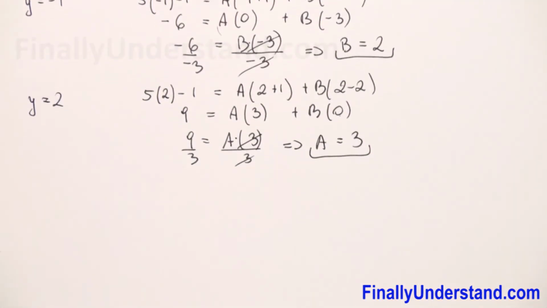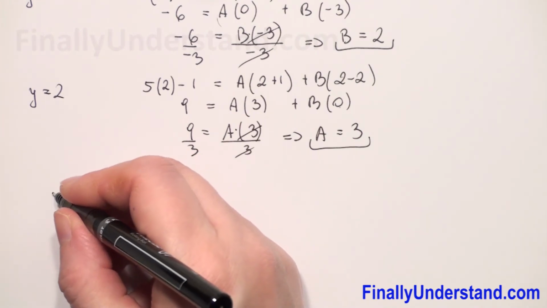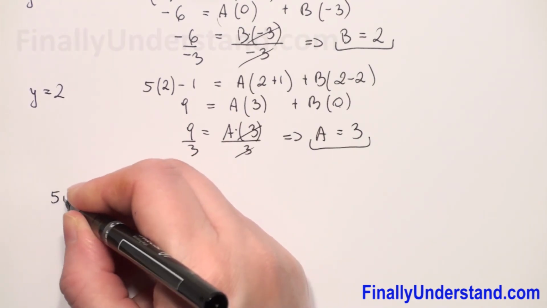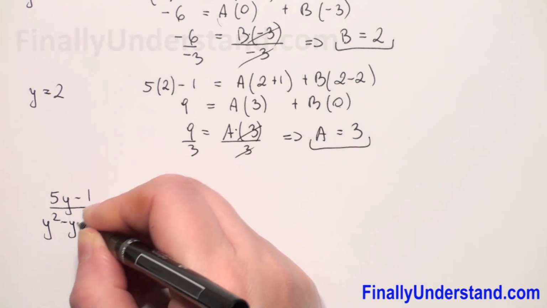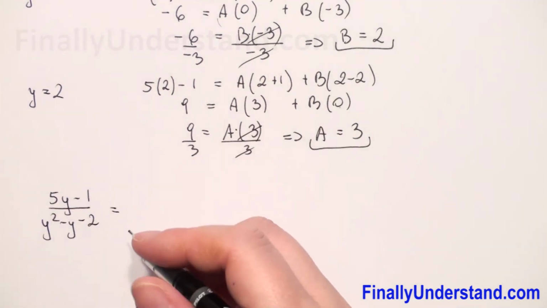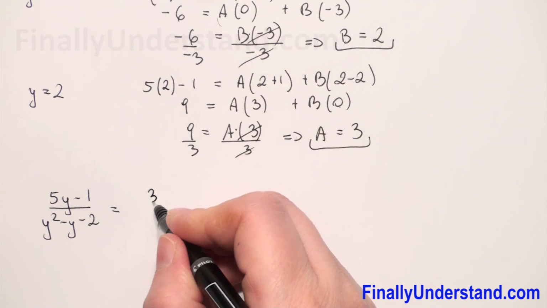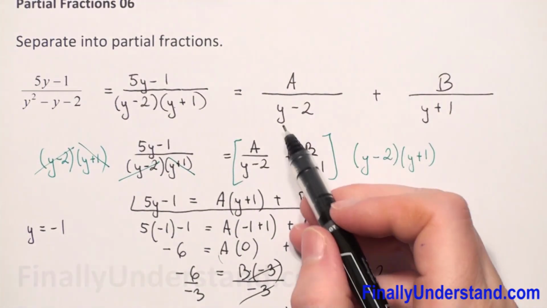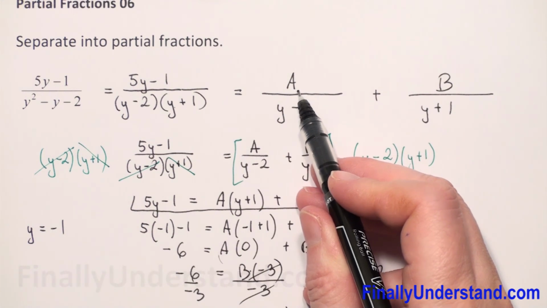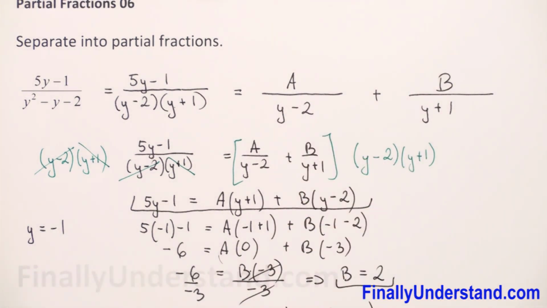So let me copy this. Our original fraction was 5y minus 1 over y squared minus y minus 2. This is equal, a is 3, so we have 3 over y minus 2. I just substitute a by 3 and the rest we have to copy.